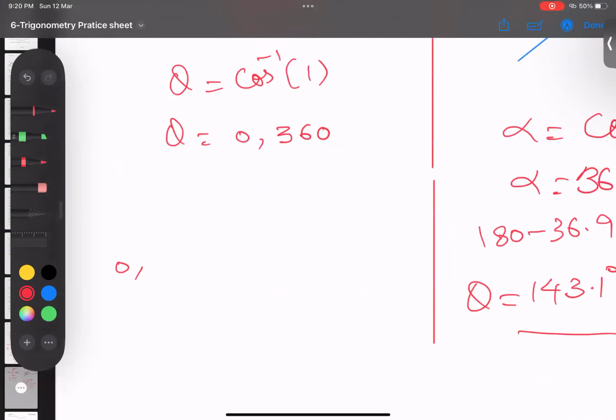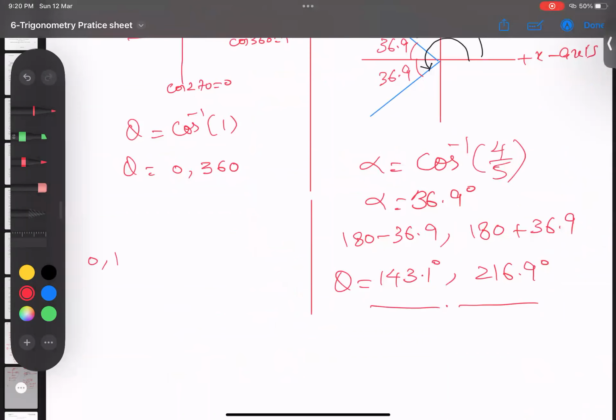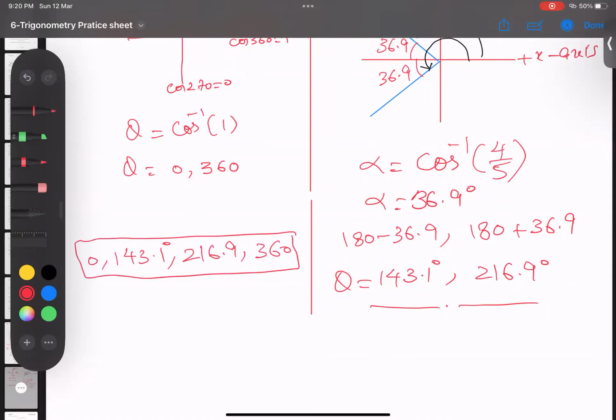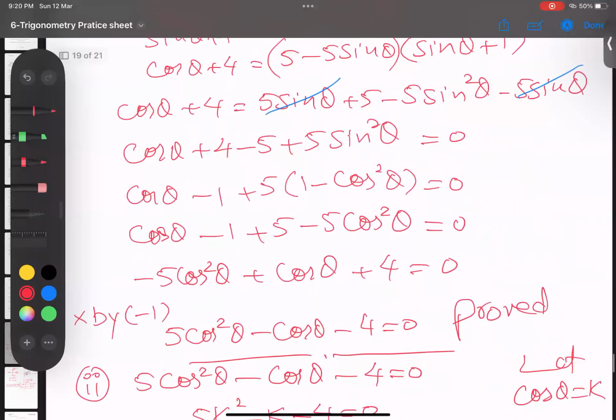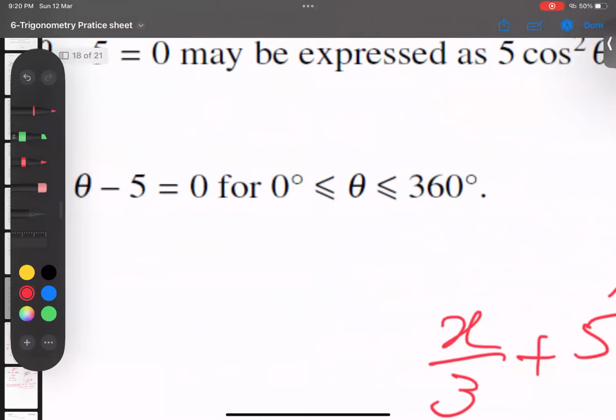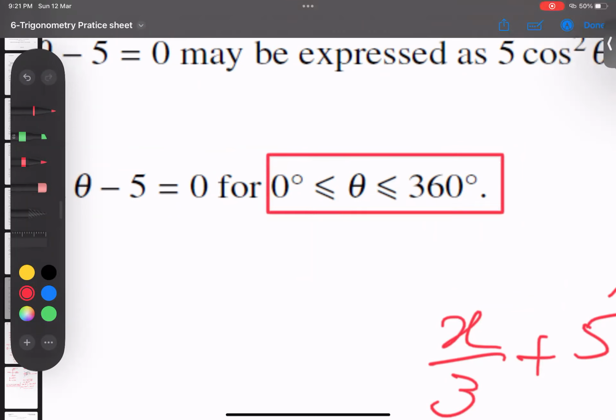0. Then I'm writing 143.1. Third answer 216.9, and fourth answer is 360. So these are 4 answers. The reason is, if you look carefully at the question, you see there is an equal sign mentioned here. Equal sign means 0 and 360 are included.